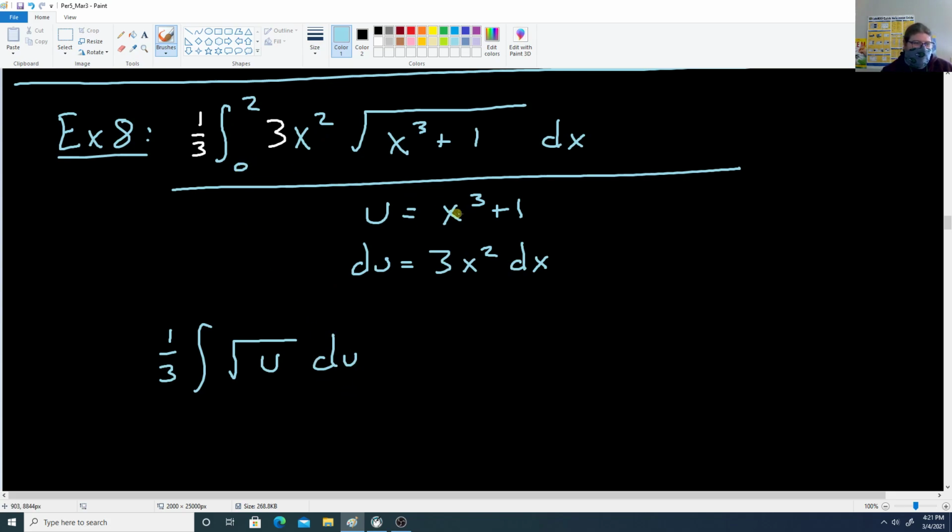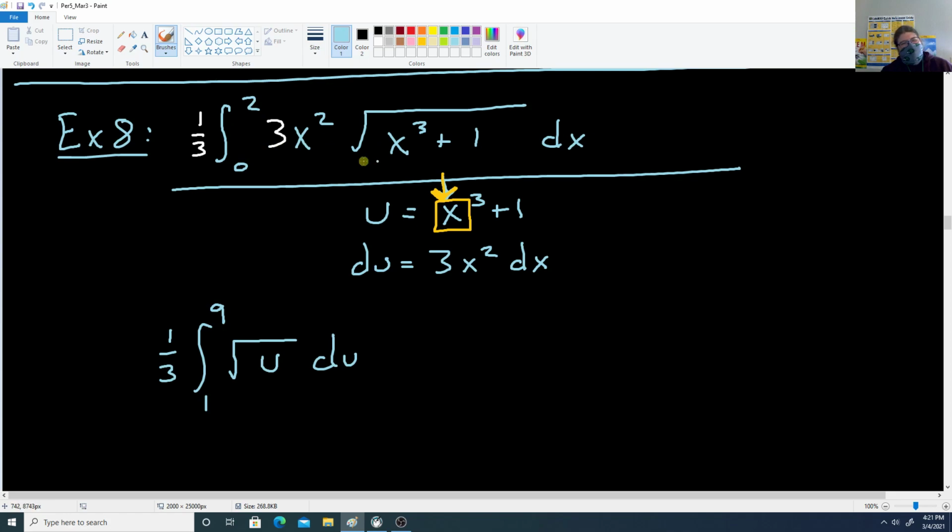I take 0 and plug it in for x in my expression to figure out what u value it generates: 0 cubed is 0, plus 1 gives 1, my new lower limit. Then I substitute 2 in for x: 2 cubed is 8, 8 plus 1 is 9, so my new upper limit is 9.